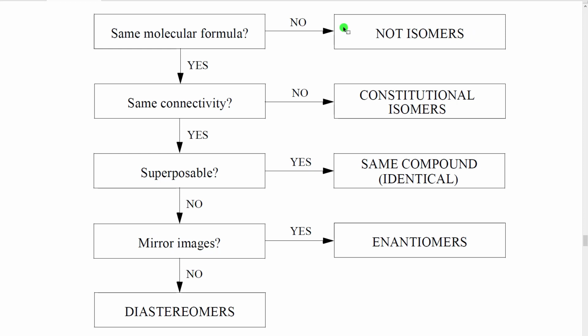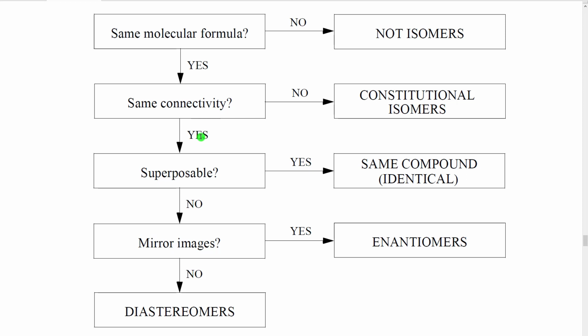If they do have the same molecular formula, we would then ask, do they have the same connectivity? Again, if the answer is no, so they have the same molecular formula but a different connectivity, we would call those constitutional isomers.